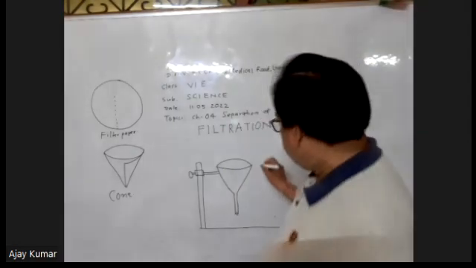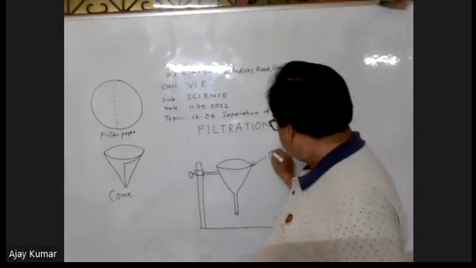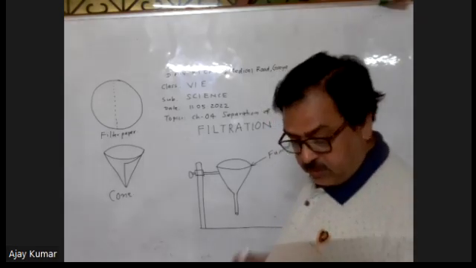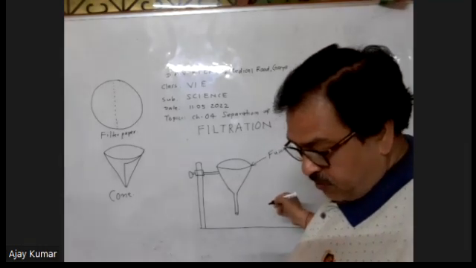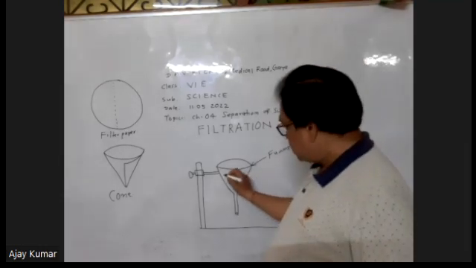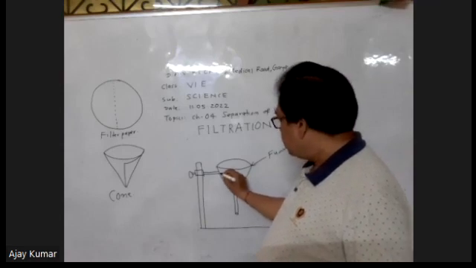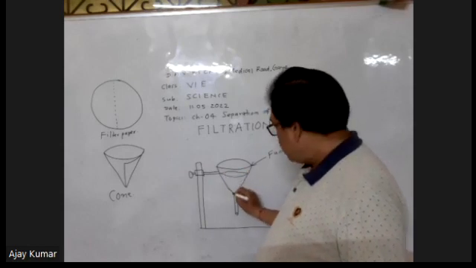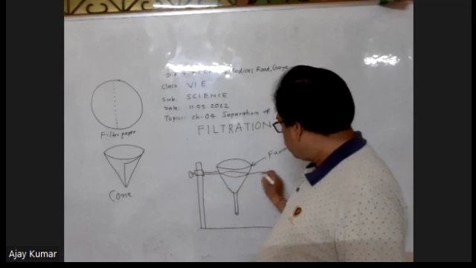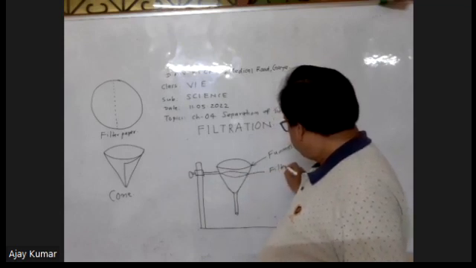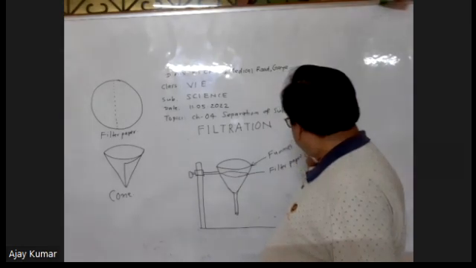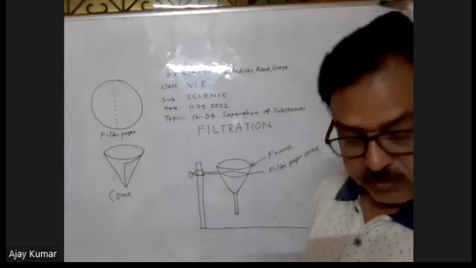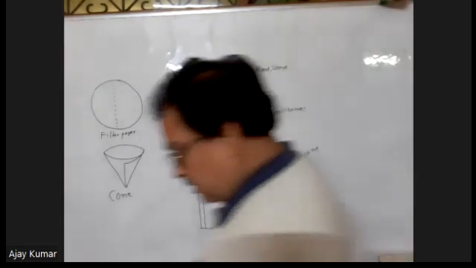This is called a funnel. The filter paper cone is placed into it in the funnel with the help of a glass rod.